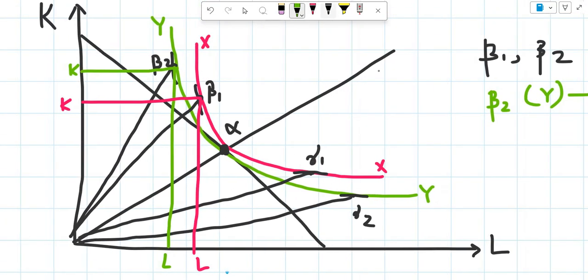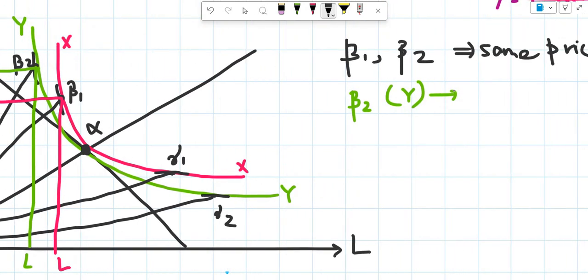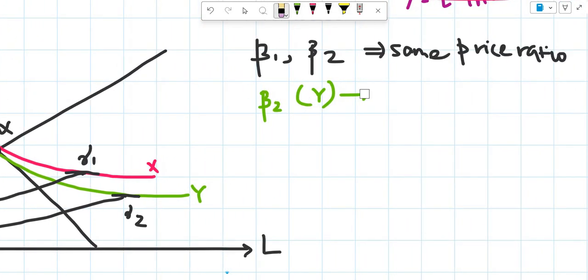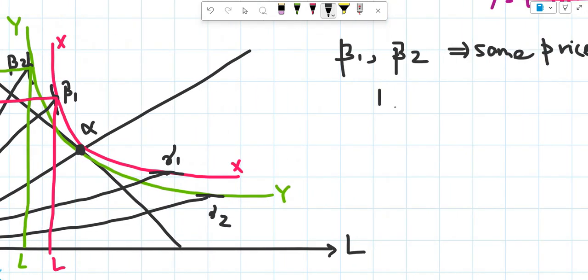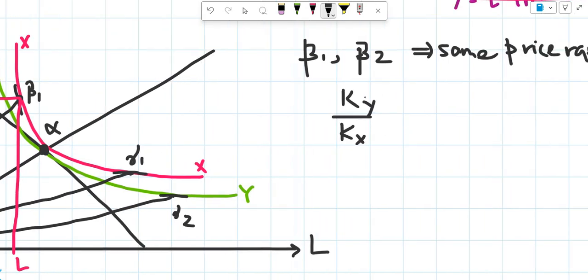So if I try to write, let's write it this way. You have capital of Y, you have capital of X, capital being used basically.